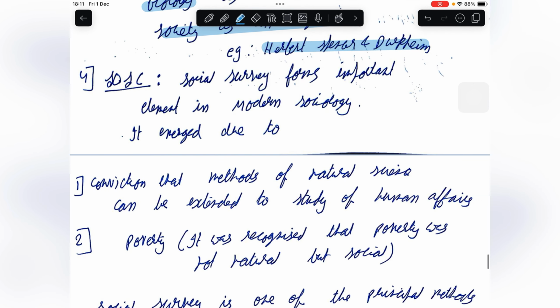It emerged due to the conviction that methods of natural science can be extended to the study of human affairs. Yes, it believes that natural science can be applied to humans and poverty. It was recognized that poverty was not natural but social.